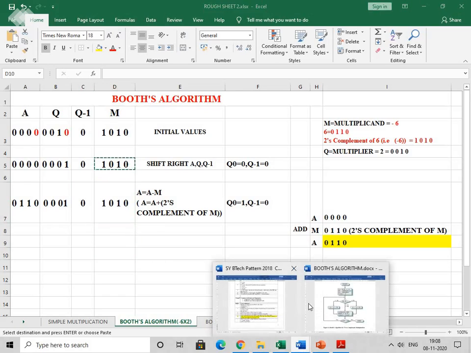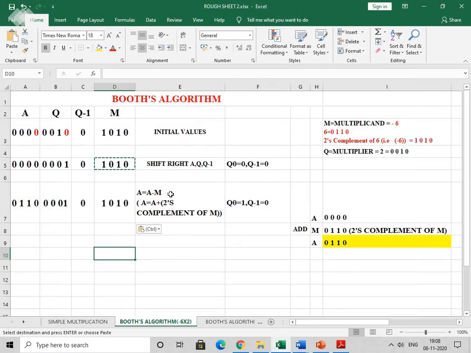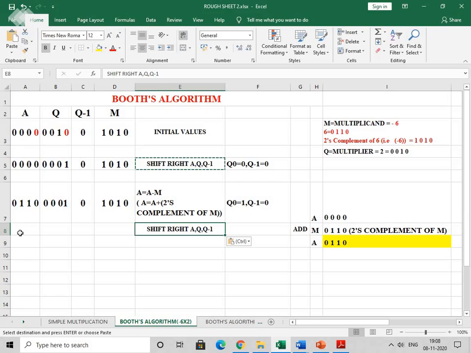So in the flow chart, after every arithmetic subtraction or addition, there is an arithmetic shift right operation. So we are going to perform this after every step, right? So after doing this subtraction, we will shift right the content of A, Q and Q minus 1.